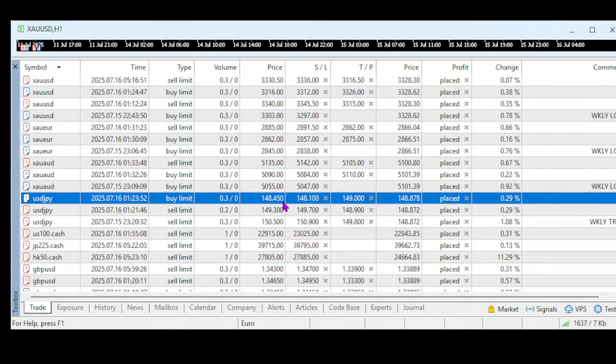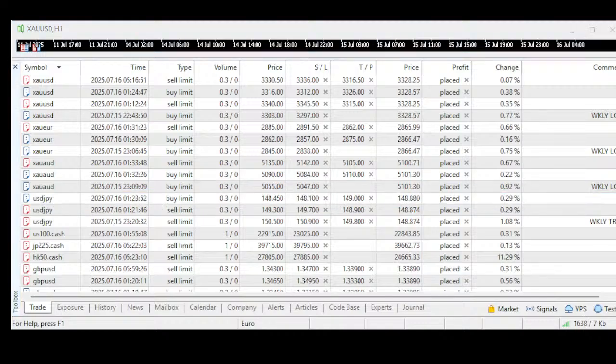Okay, scalping entry. So for day trading buy, we should be holding a buy because we should be going for a buy. So the buying level should be around 148.10 or 148.15. Then exit should be about 149.60.